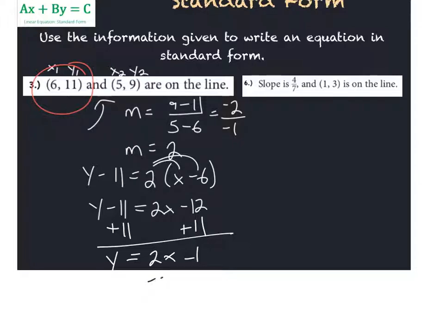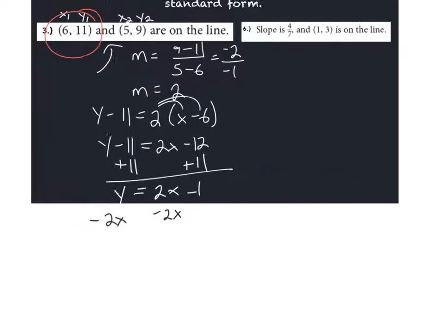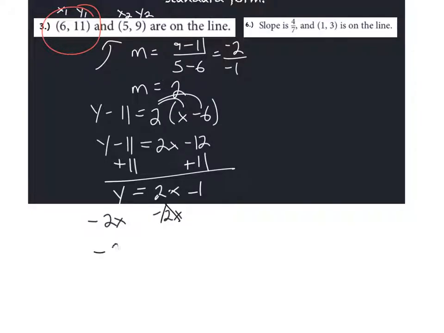So we're going to subtract 2x from both sides. And that would leave us with negative 2x plus y equals negative 1. That's standard form, which is ax plus by equals c. And standard form doesn't really tell us anything like slope-intercept form and point-slope form, but it is a lot easier when we're looking for x and y intercepts.